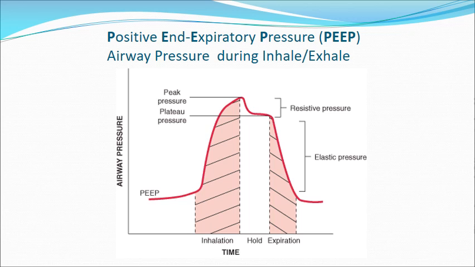You see here the inspiratory time at the beginning when the ventilator is inflating the lungs, and then there's a hold period, and then the so-called elastic pressure as the lungs force the air out, and then it comes down to this minimum PEEP threshold and does not get all the way down to zero.